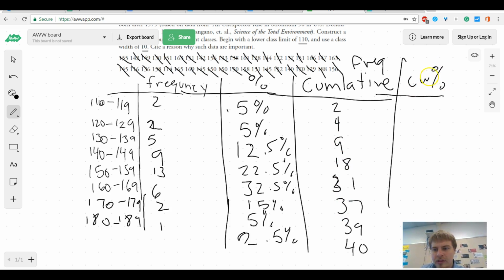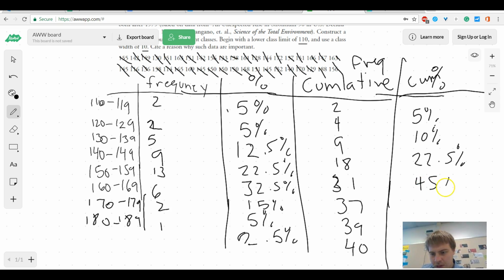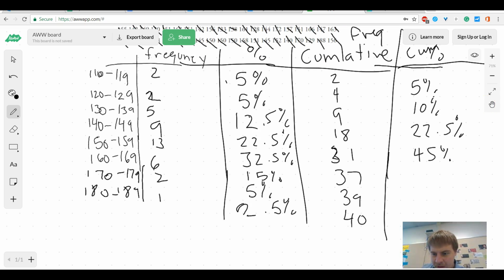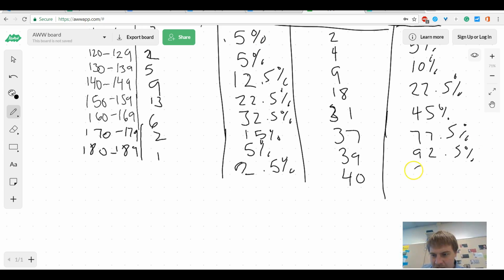Same with cumulative frequency percents. So if they do a cumulative frequency with the percents, you would say this is 5%, then 10%, then 22.5%, then 45%, 70%, 77.5%, 92.5%, 97.5%, and 100%.